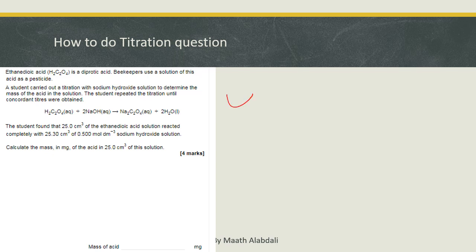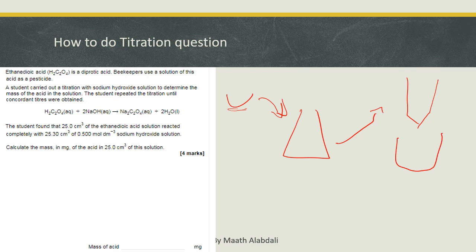So you have a mass, and at the same time you read the question carefully. So phenolic acid carried out a titration to determine the mass of the acid in the solution. So we have to work out the mass which is in here. Okay, so flask and then a burette. Okay, so the first thing that you have to do is convert this into decimeter cubed.